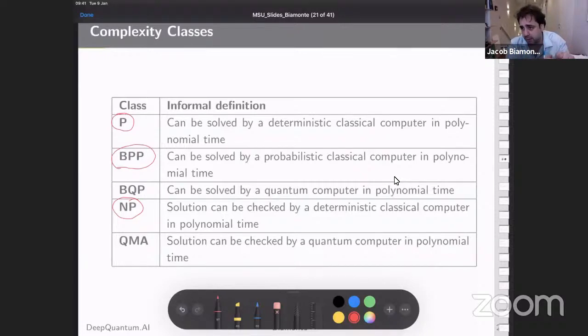There's a quantum analog of these classes. The class BQP is basically the class of main interest for quantum simulation, emulation, etc. This is a class of algorithms which execute with polynomial depth quantum circuits. And the quantum analog of NP is QMA, which is the class of problems that have an efficient proof.